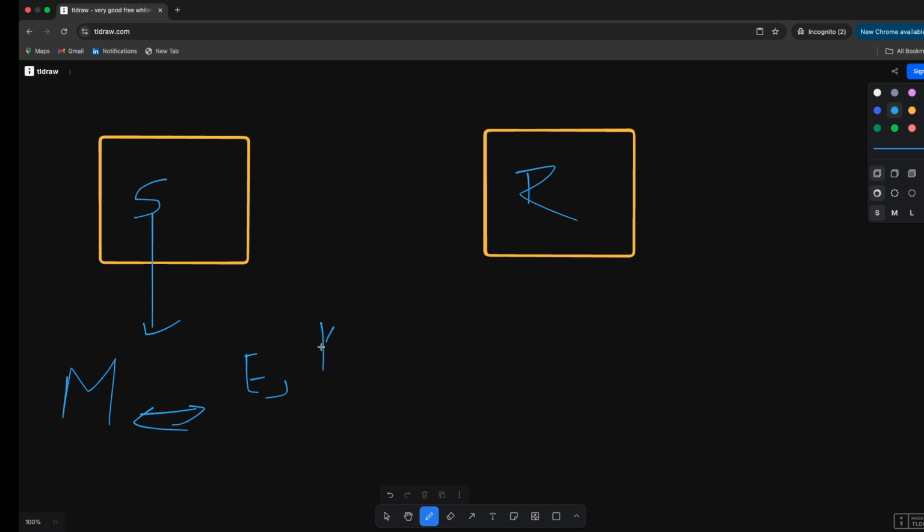Now what the key is going to do is, using the key when given to the encryption, you can get the original message.